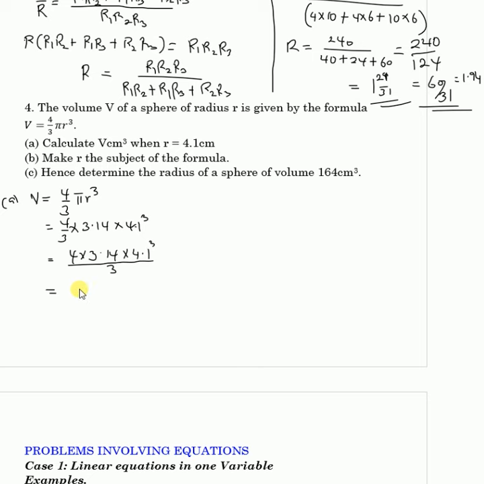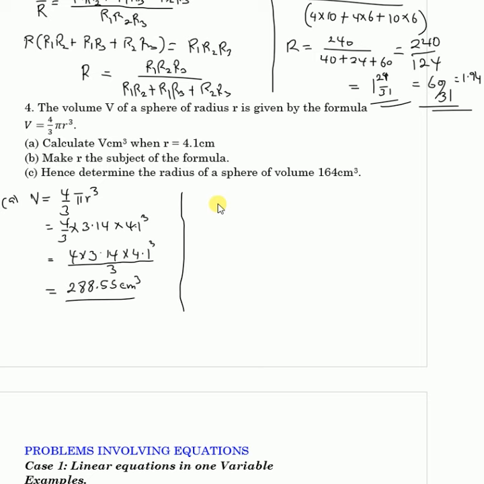We are going to press our calculator, and we shall have 288.55. This one is in centimeters cubed, cubic centimeters. 4.1 to the power 3, then times 3.14 times 4 divided by 3. You can have that there.